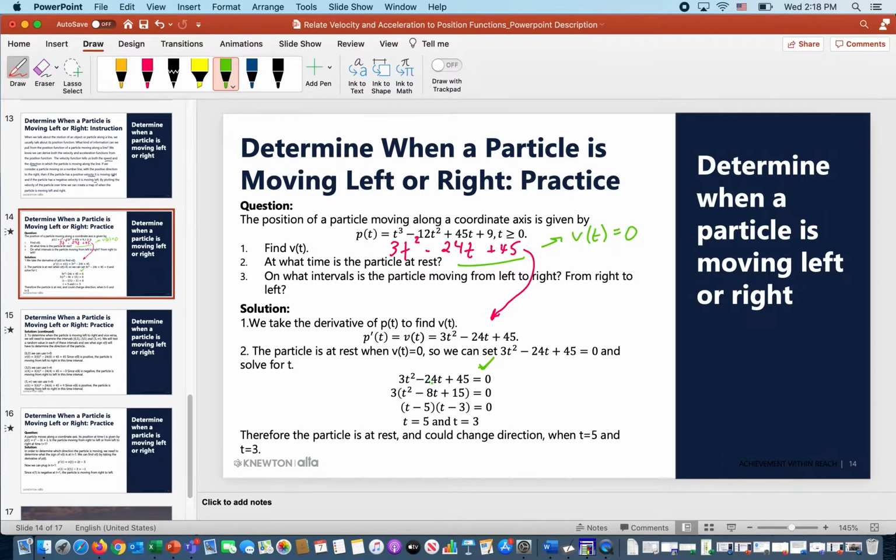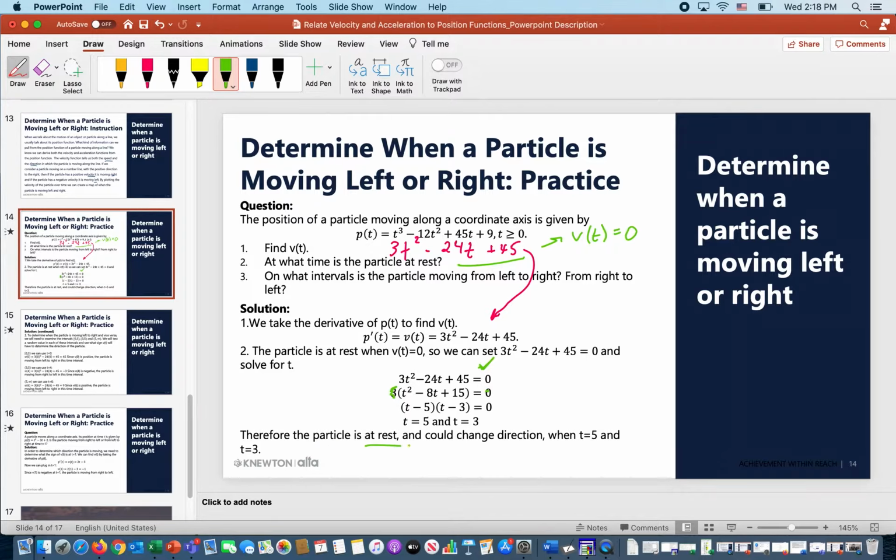All of these numbers are divisible by 3, so we can make our problem a lot easier to work with if I take that 3 out and divide both sides by 3. It goes away. What multiplies to give me 15 and adds to give me negative 8? That's a negative 5 and a negative 3. So we figure out that when t is equal to 5 and when t is equal to 3, the object is at rest. Well, here's what that means.